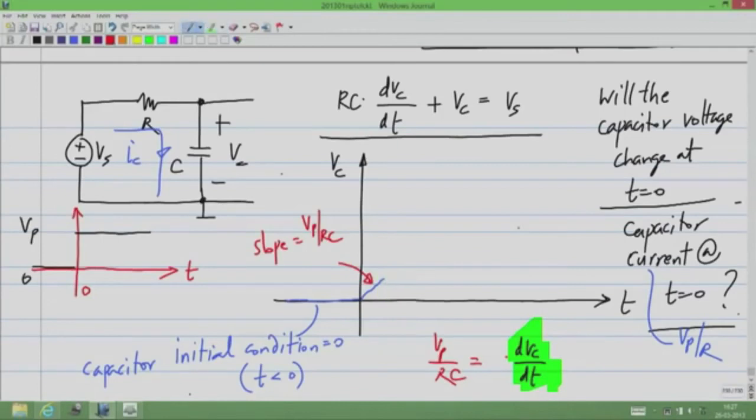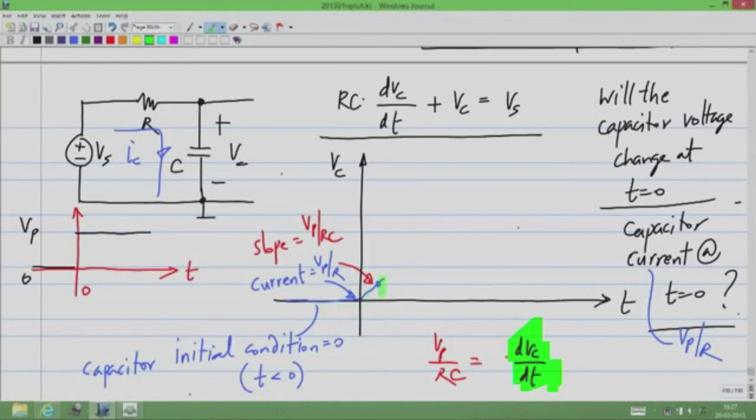Now let's say after it increases a little bit, I come to this point. What happens then to the current through the capacitor? Please try to answer this. Now initially at this point the current equals Vp by R. What will it be at the other point, for t a little bit more than 0?